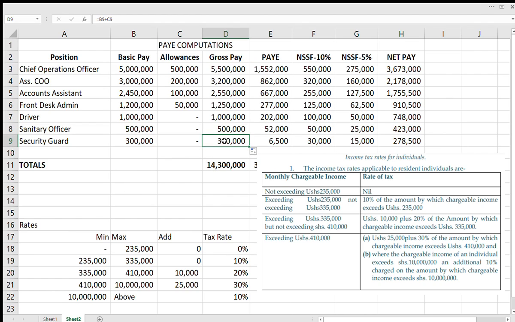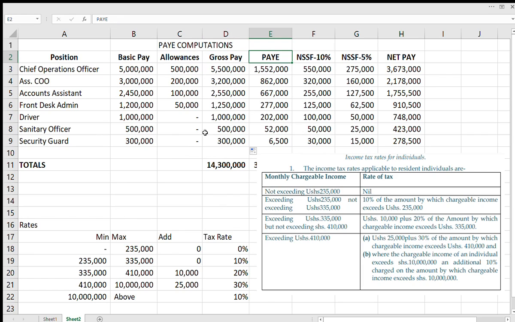So you don't need to work on each and every one. You work on one and spread the formula to the others by holding the mouse key and dragging downwards. There you will have got your gross pay by adding basic pay plus allowances.